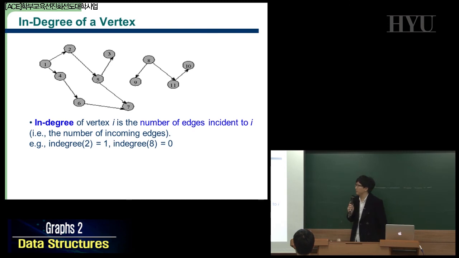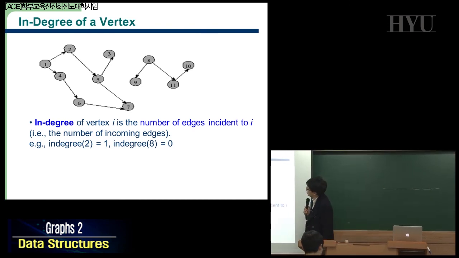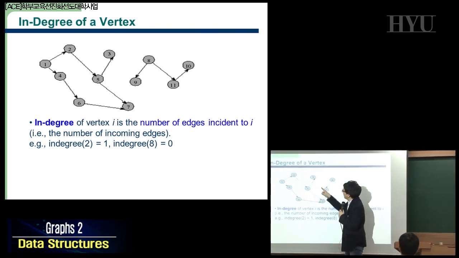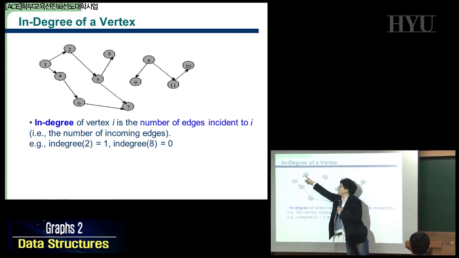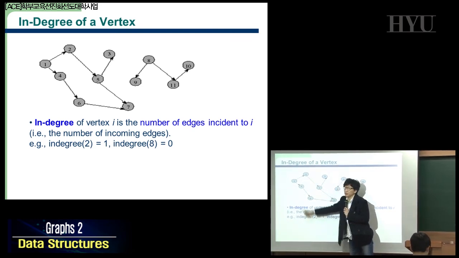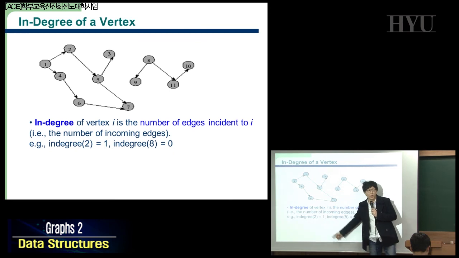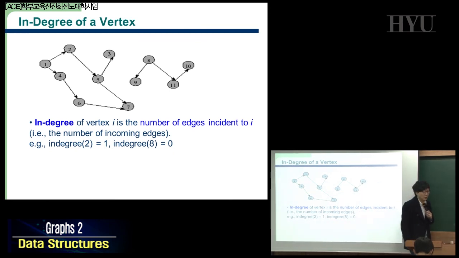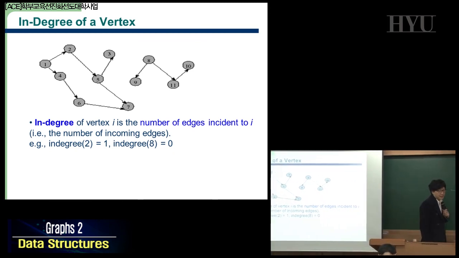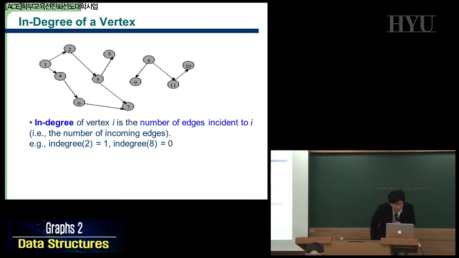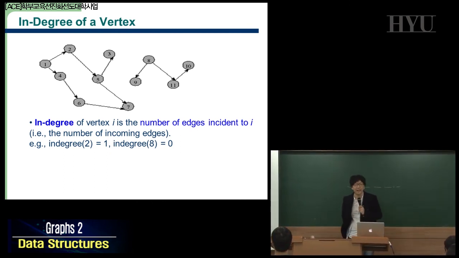So in degree of node 2 is, well, 2, only 1 edge coming into 2. In degree of 8 is what?